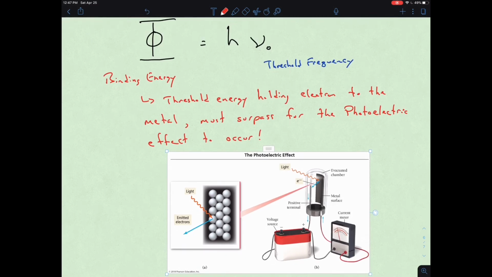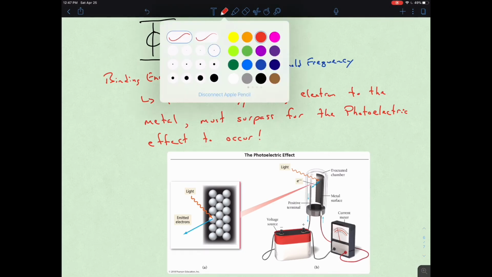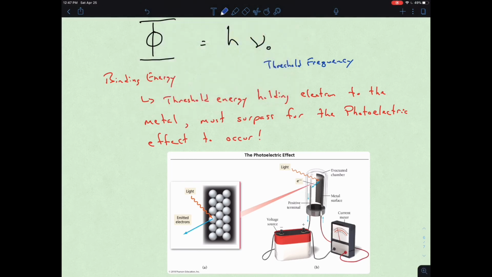And so if we look at the part A of the photoelectric effect as far as below on the left, right, we can see that we have this notion of light, right? We have photons coming in. They have a wavelength, they have a frequency, and then that causes now electrons to be emitted.